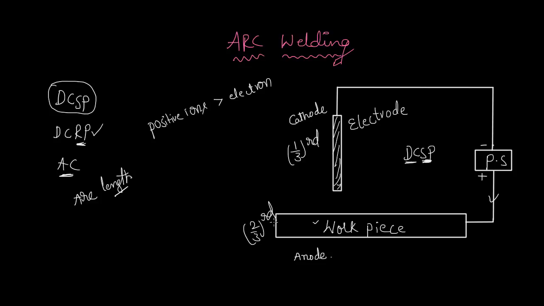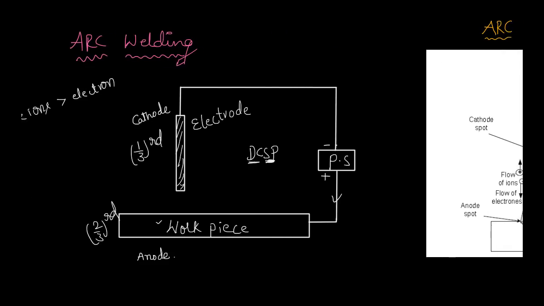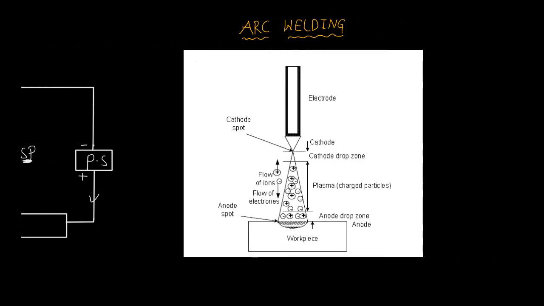Now come to the arc generation. How is the arc being generated? There are a lot of theories behind arc generation, but I will go with the simple explanation. You can see here the setup. This is the basic setup of DC straight polarity.